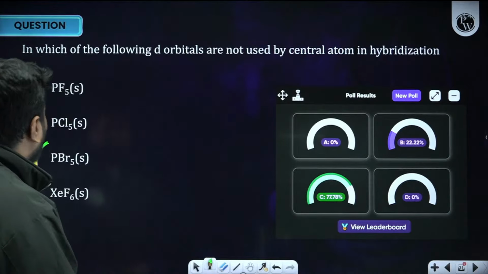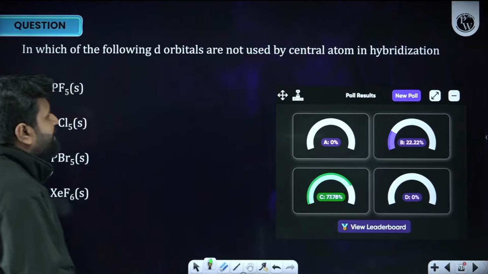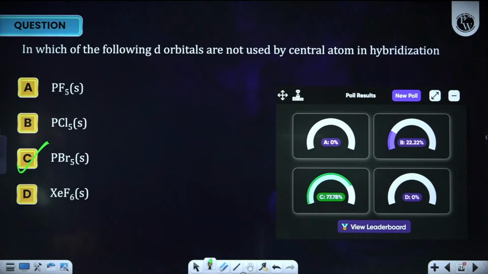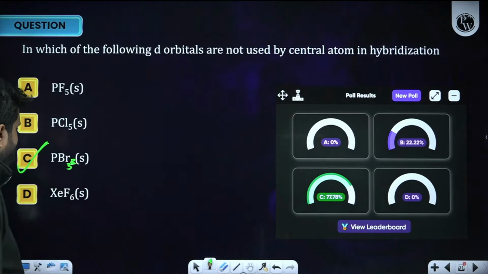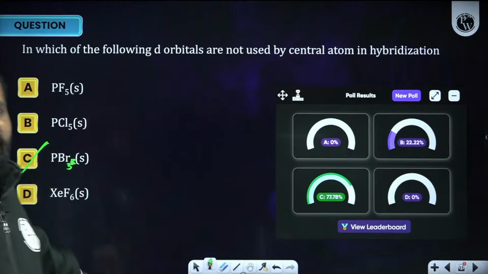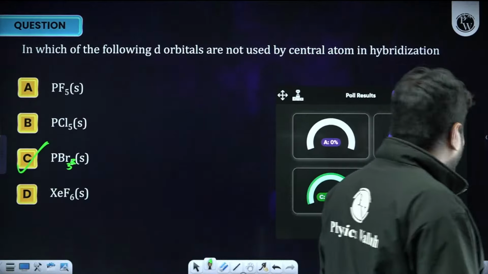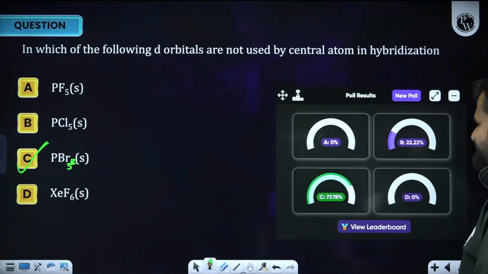Just write the electronic configuration and check. Automatically in the excited state, you will see where all are used. Actually, this should not be PBr5. This should be PBr3. Yes, it should be PBr3. Then only it will be option C.